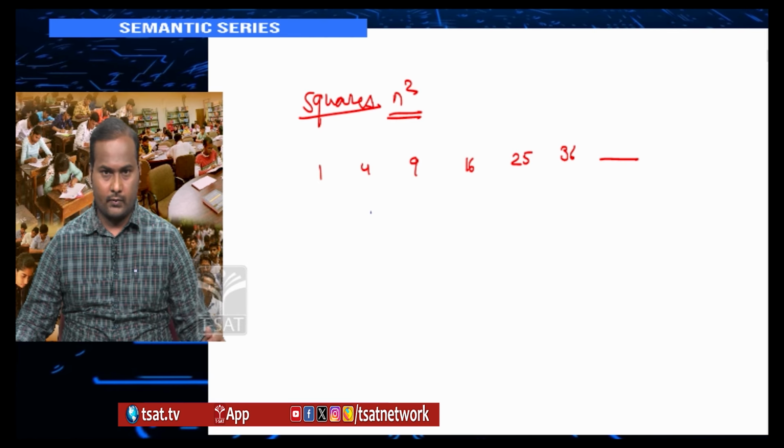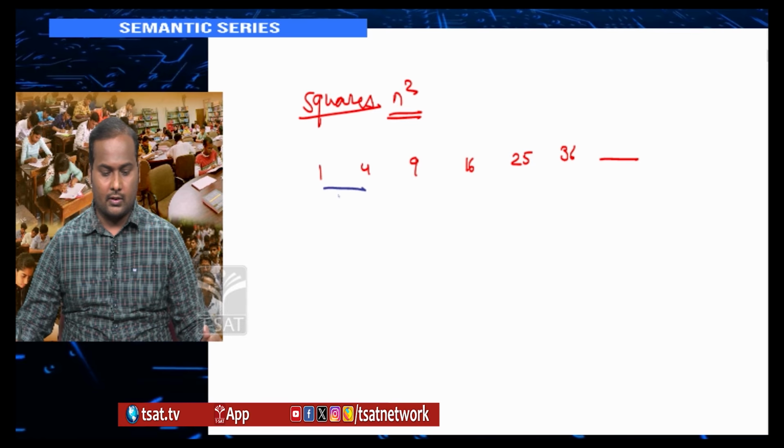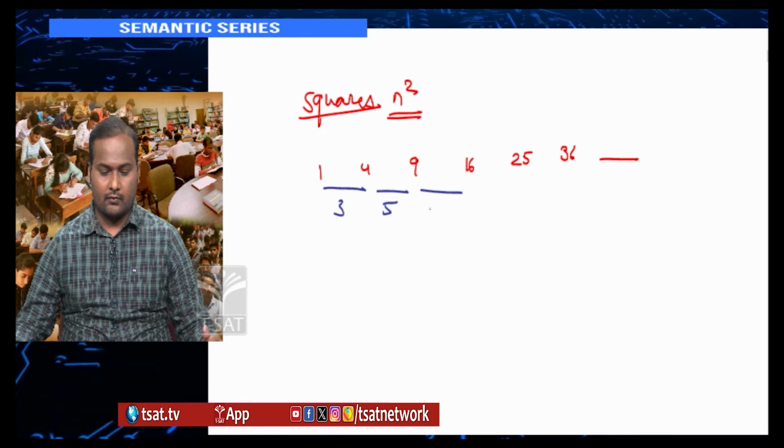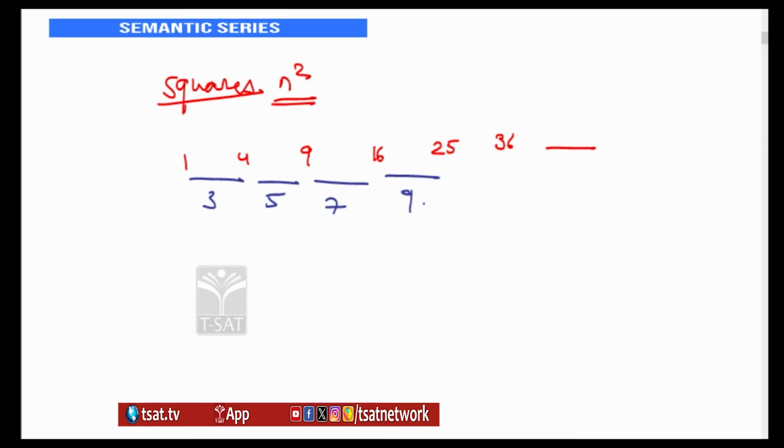Here the difference is 3, here 5, here 7, here 9, here 11. Obviously the next one will be 13. So you can observe the square pattern, or you can take the difference.